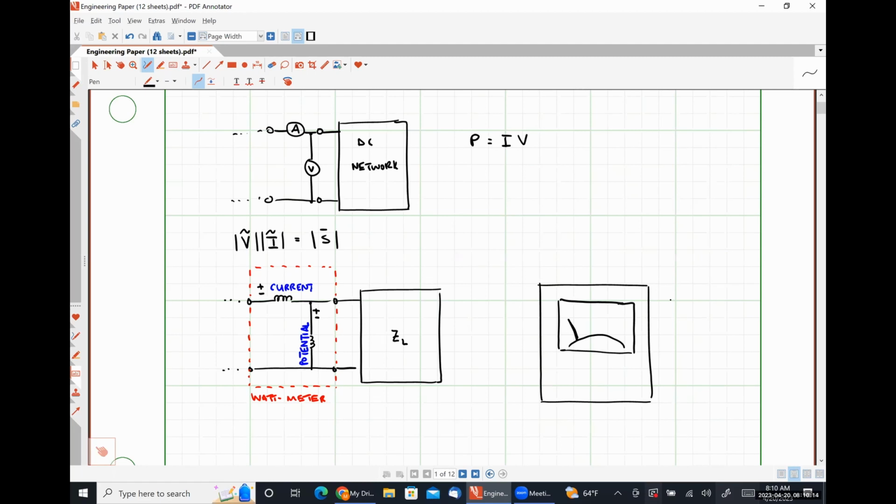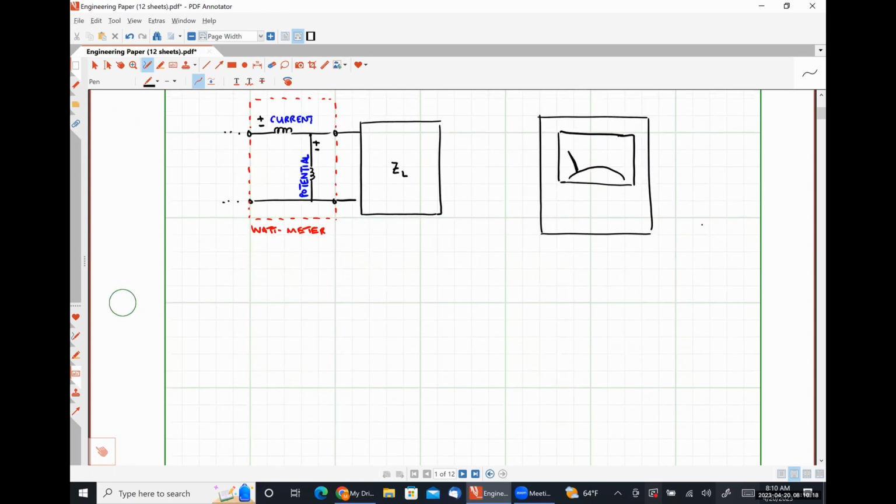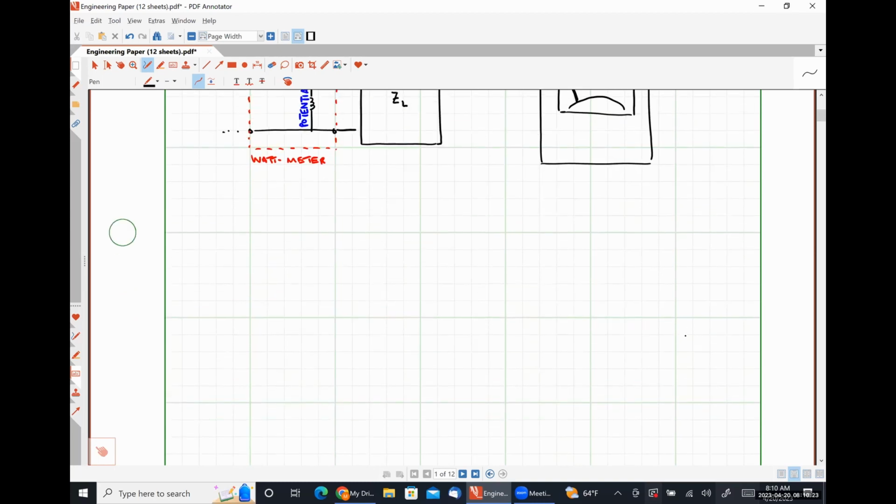Now let's look at how we might utilize a wattmeter in a three-phase system. So let's say that I have, for the sake of argument, a Y connected load.